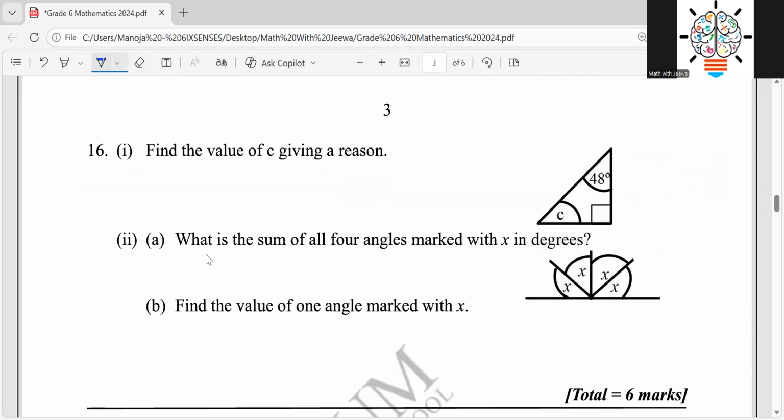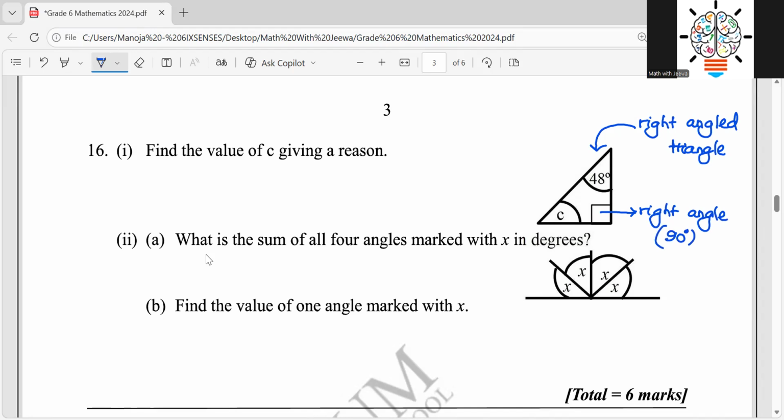Now here, children, first of all, you want to understand what kind of triangle this is. So this is a right-angled triangle. How did I identify this as a right-angled triangle? Because I see a right angle here. What is the value of the right angle, children? The right angle means 90 degrees, right?